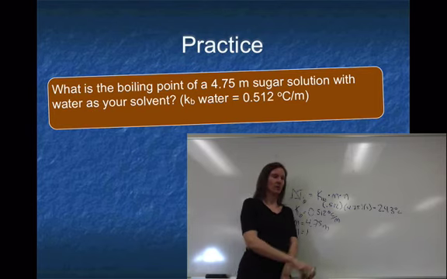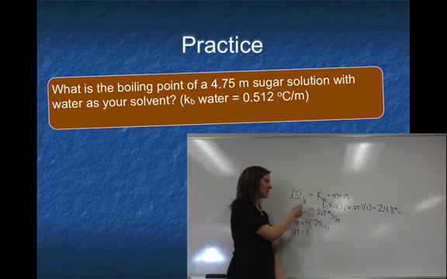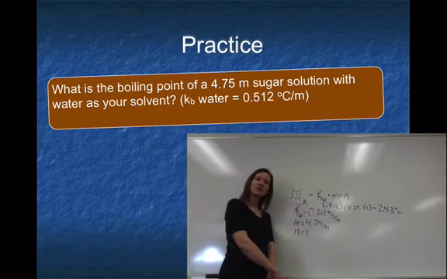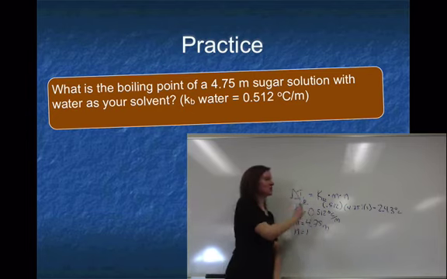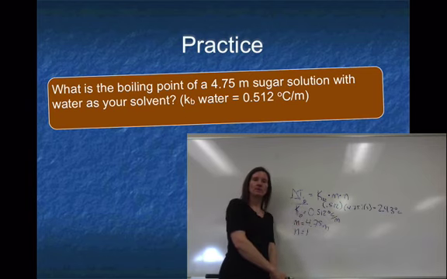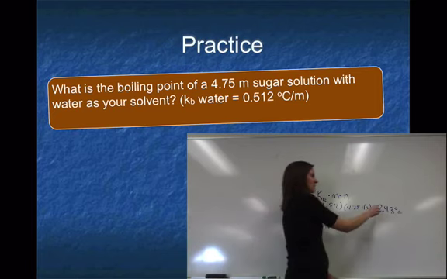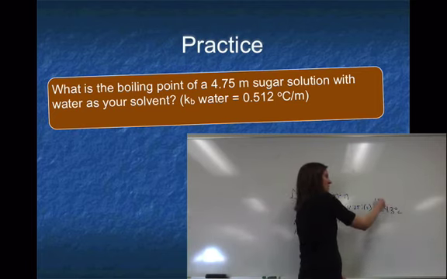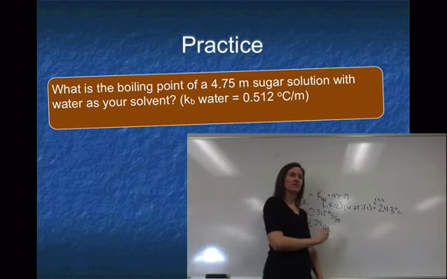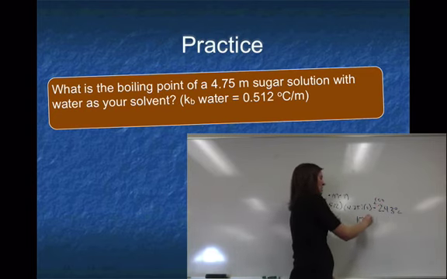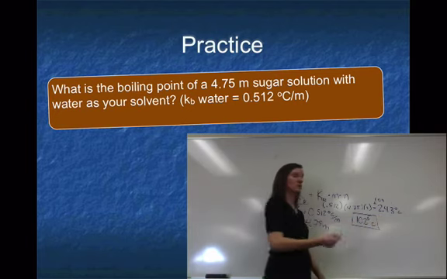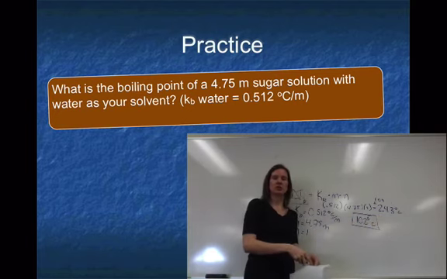What you calculate in a colligative property problem is the change in boiling point, so my change in boiling point is 2.43. Water normally boils at 100, and since this is boiling point elevation, it's going to be 100 plus this change. So I end up with a new boiling point for the water solution of 102 degrees Celsius. That's my new elevated boiling point.